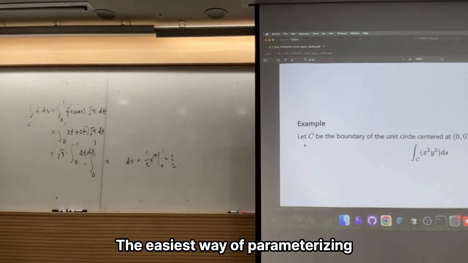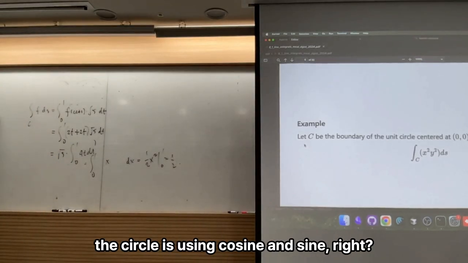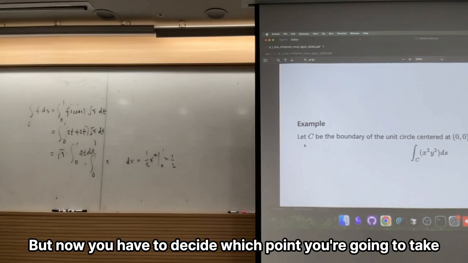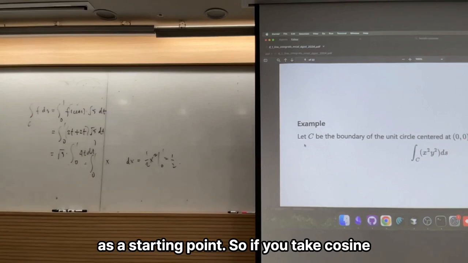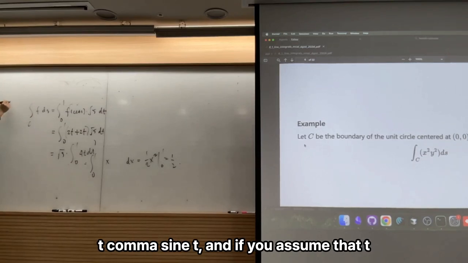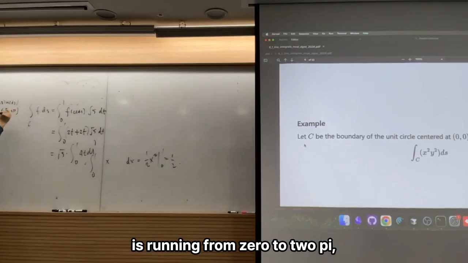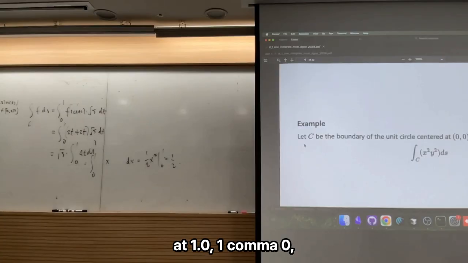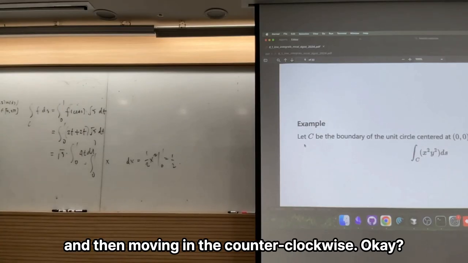The easiest way of parameterizing the circle is using cosine and sine, right? But now you have to decide which point you're going to take as a starting point. If you take cosine t comma sine t, and assume that t is running from 0 to 2 pi, then the starting point is 1 comma 0, and it moves counterclockwise.